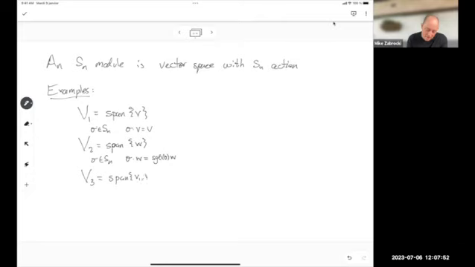We have a basis V1, V2, up to Vn, and the action of sigma in Sn is that sigma of Vi is equal to V sigma i. When Rosa gave it as a GLN module, she said that was the defining representation. So the permutation representation and the defining representation are kind of the same thing.